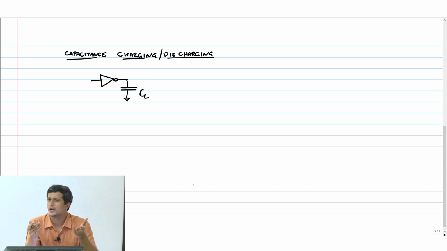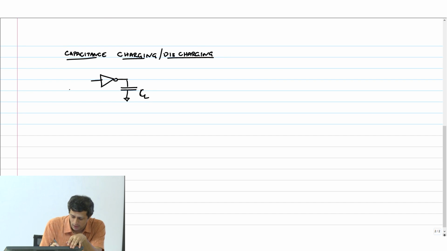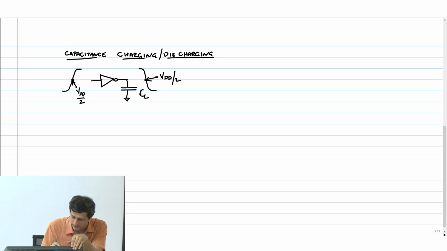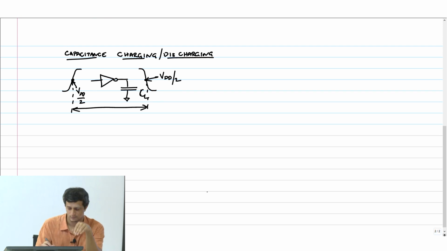I also told you that delay is defined as the time it takes for the input to go to 50%, from there till the time the output reaches 50%. So if this is my VDD by 2 and this also is VDD by 2, then the delay of the gate is defined exactly as this delay. Okay, this is the delay.